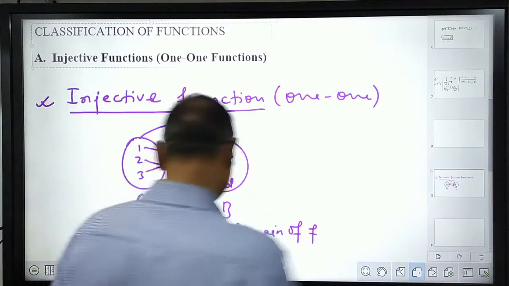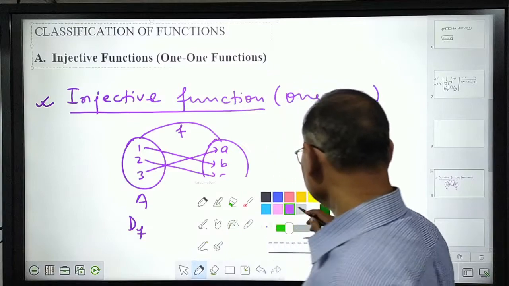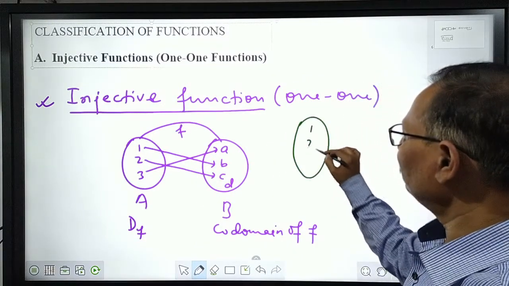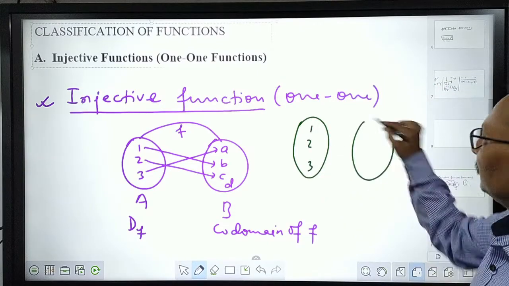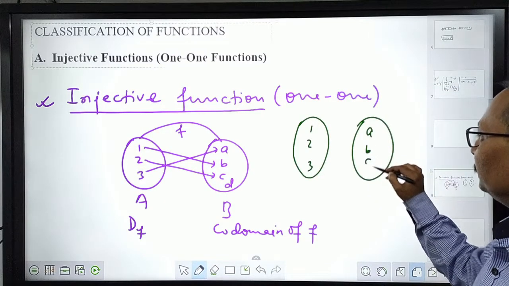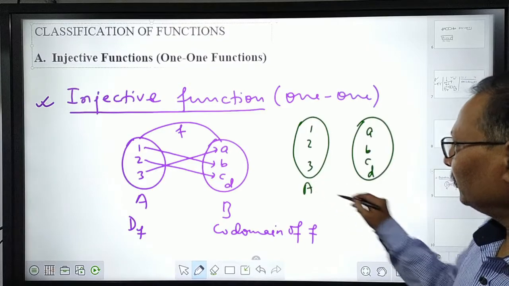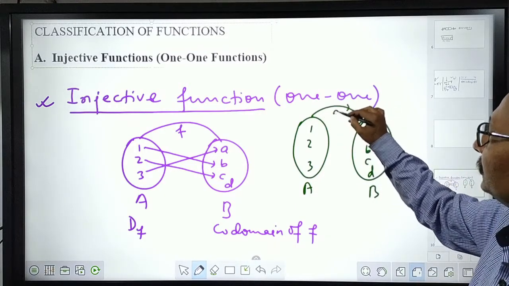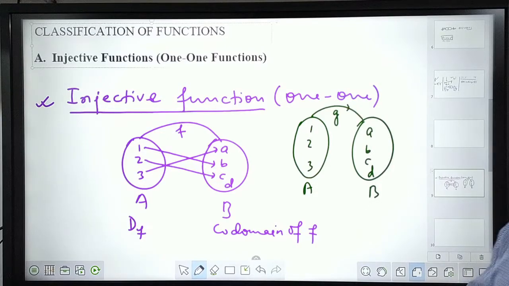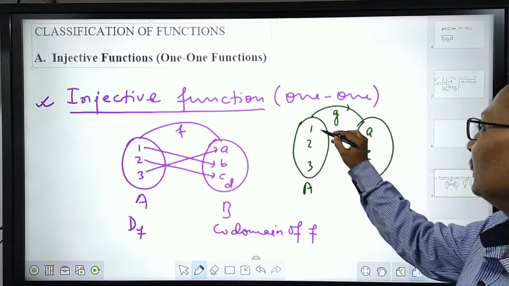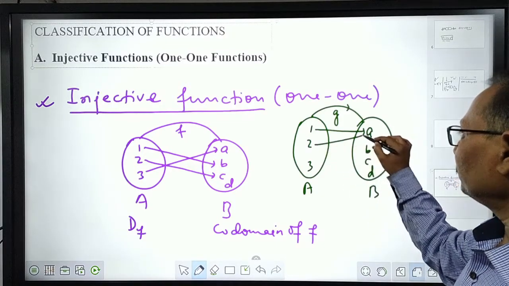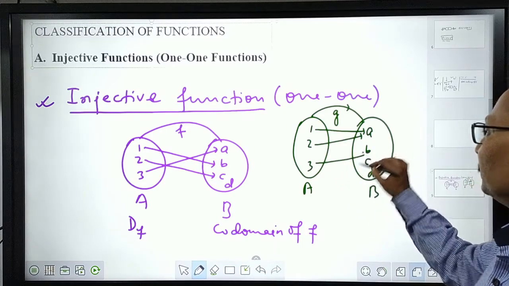As for example, if we take a situation like this: 1, 2, 3, and a, b, c, d, and this one is set B. Suppose a rule g is associating the elements of A to B, and suppose that 1 is paired with a, 2 is again paired with a, and 3 is paired with b.